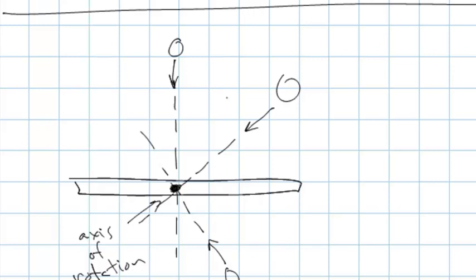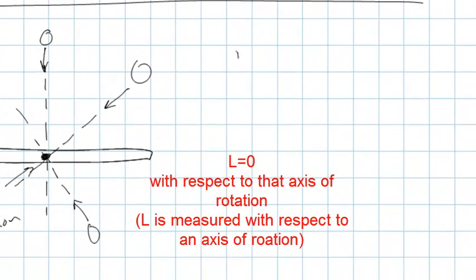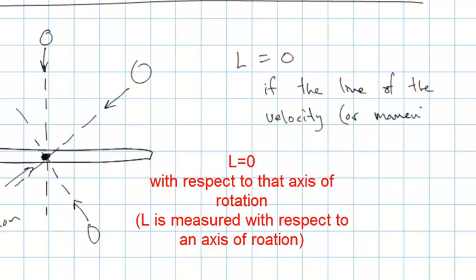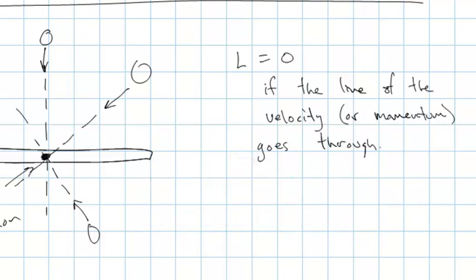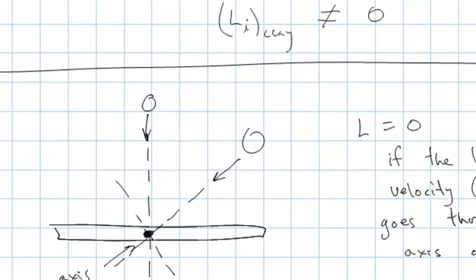If the path goes through the axis of rotation, if you extend the line of the velocity and it goes through the axis of rotation, the object has no angular momentum. And that was the case in our first problem here.